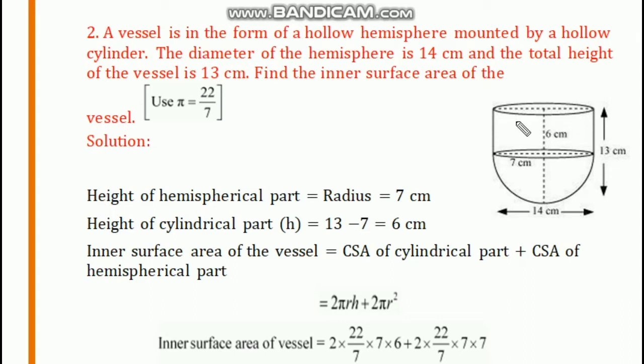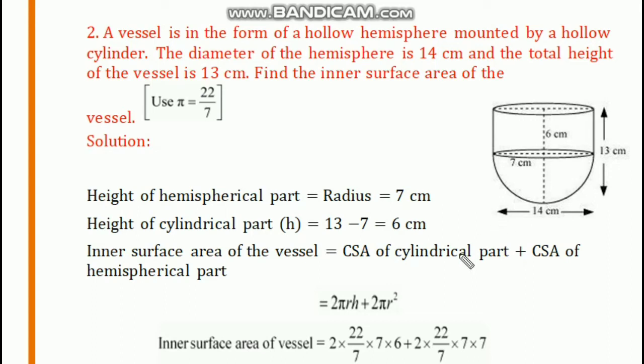Then we need to find the surface area. For finding the surface area, first we need to find the curved surface area of the cylindrical part, the curved surface area on the outside. Next we need to find the curved surface area of the hemispherical part.